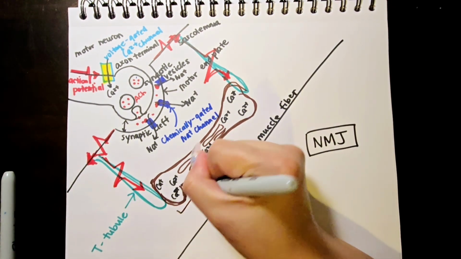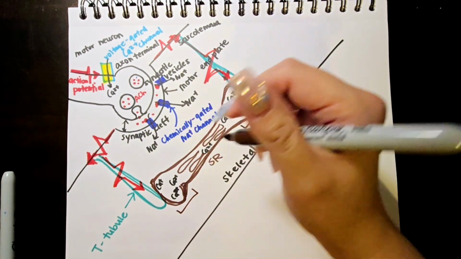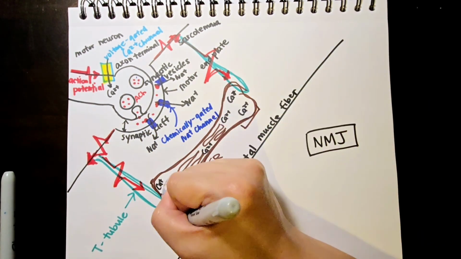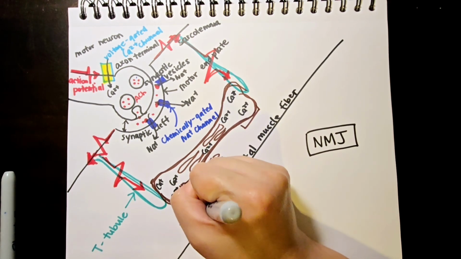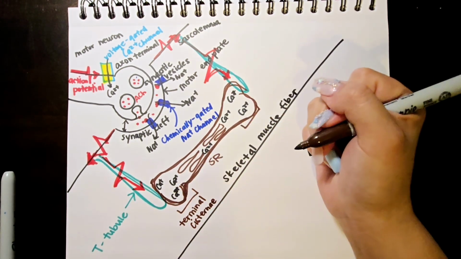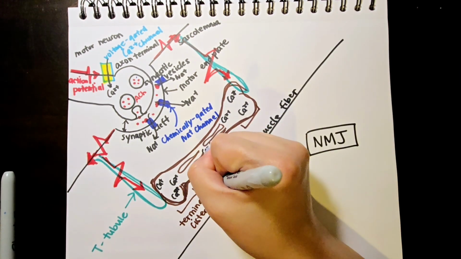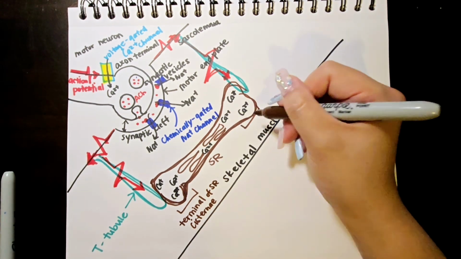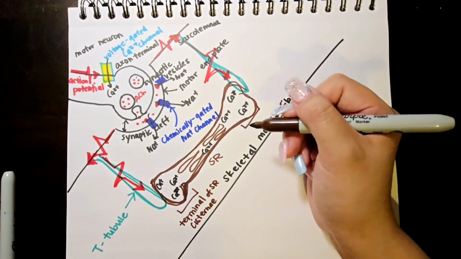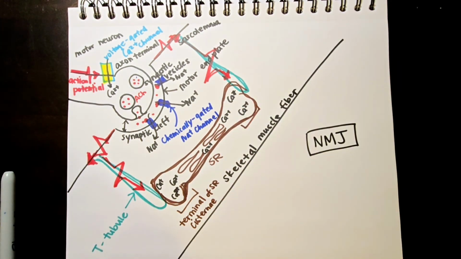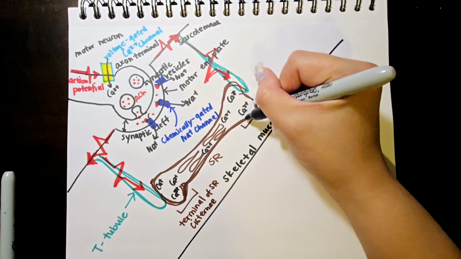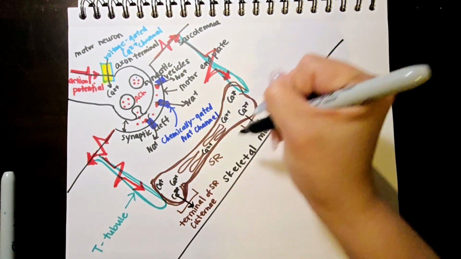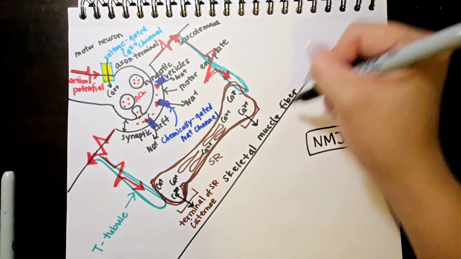This widened section of the SR is what we call the terminal cisternae of the SR, okay? Either this side or this side, it is called terminal cisternae of the SR, where its main job is, once it sees action potential being fired down the T-tubule, calcium ions will be released into the sarcoplasm.